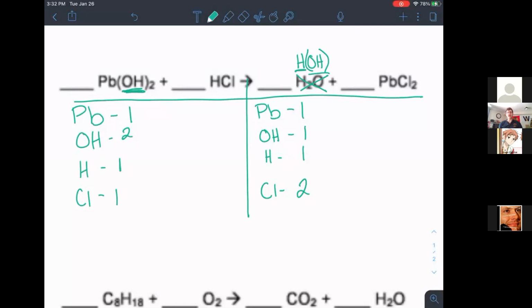So what can I multiply that product side by to make it the same number as my reactants? Multiply it by 2. Awesome. So now they're the same. And what do we do with this number 2? Where does it go?